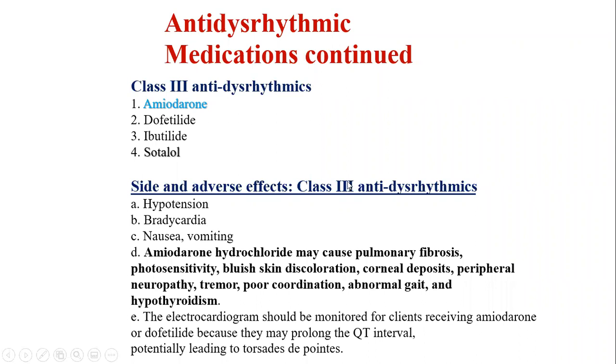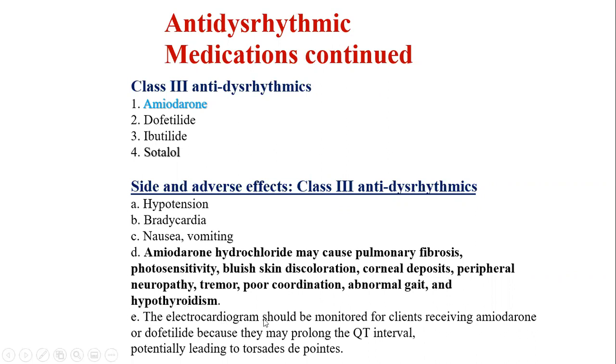So class 3, amiodarone can cause photosensitivity, blue skin discoloration, corneal deposits, peripheral neuropathy, tremor, poor coordination, abnormal gait, and hypothyroidism.